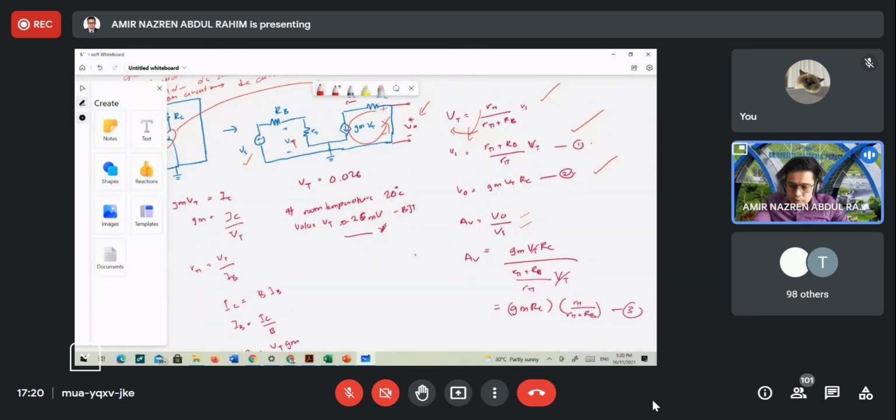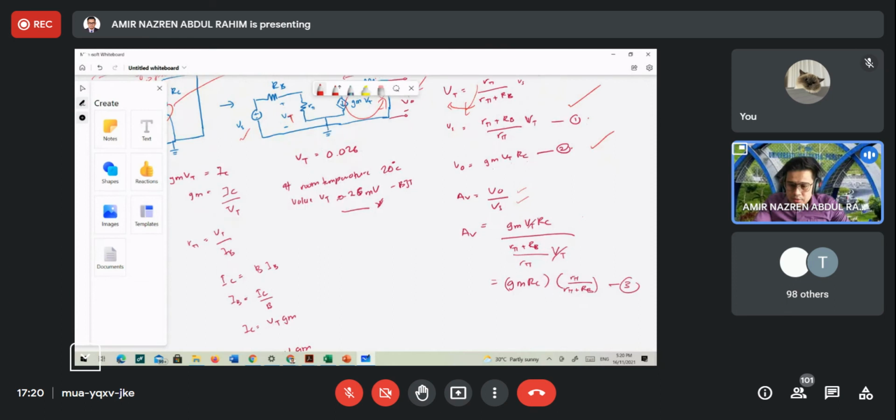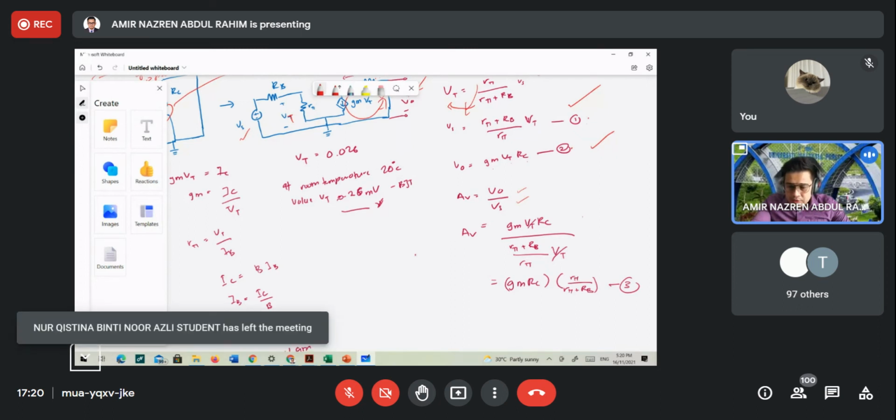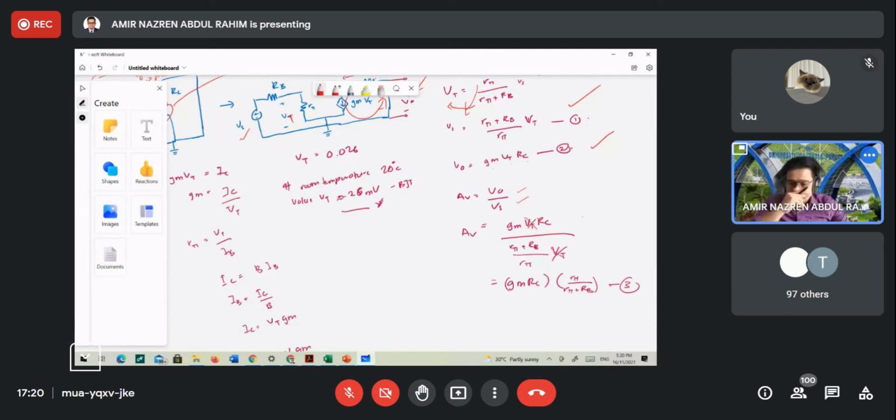If we combine Formula 1 and Formula 2, we can find the formula for gain. We put Vout on top of the equation, and Vs below. By rearranging, we have gmVT RC for the Vout, and R pi plus RB over R pi times VT for the Vs. They have the same notation VT, so we can remove it by dividing these two equations.